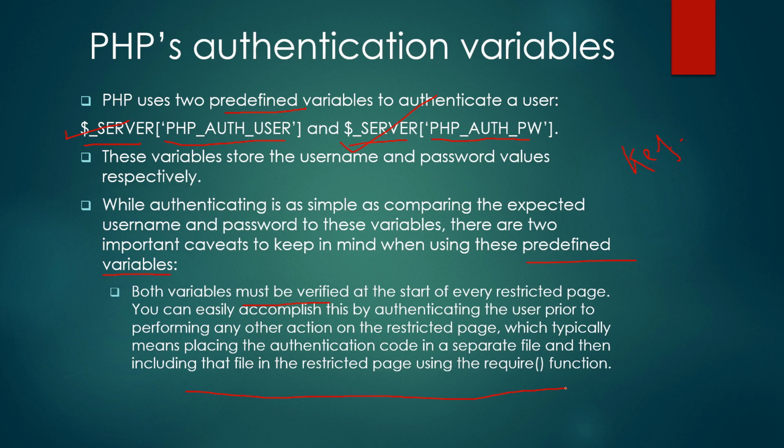So what we can do is place that authentication code inside a separate file, and then simply include that file wherever we want in any restricted page. So I'm not repeating the same lines of code again and again. Instead, I just write the authentication code in a separate file, and now I'm just including that. We make use of the require function in order to include that file. So this is an effective way.